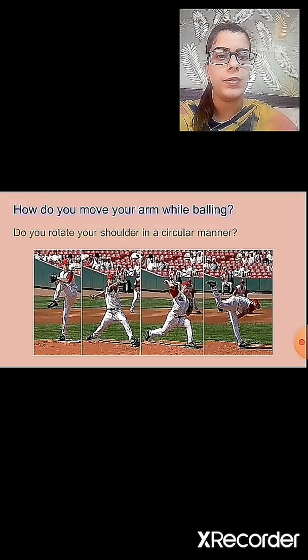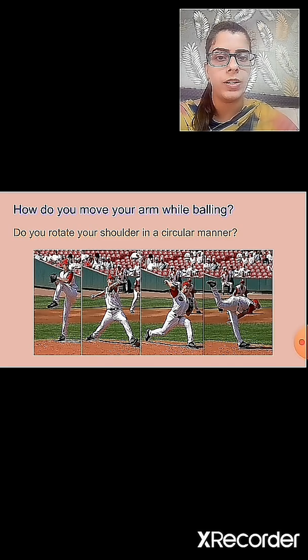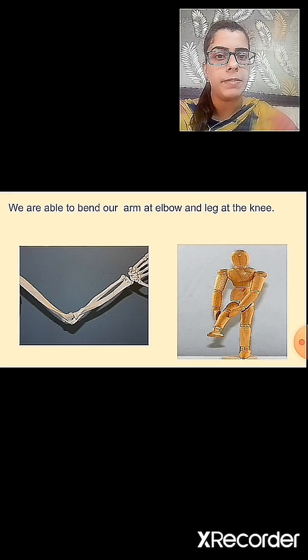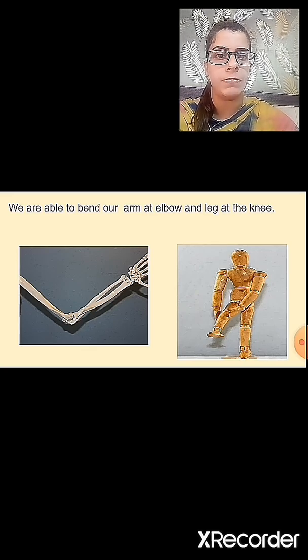Now, how do you move your arm while bowling? While playing cricket, and if you are bowling, how does your arm move? Does your shoulder rotate completely in a circular manner? Yes. We are able to bend our arm at the elbow and leg at the knee, isn't it?